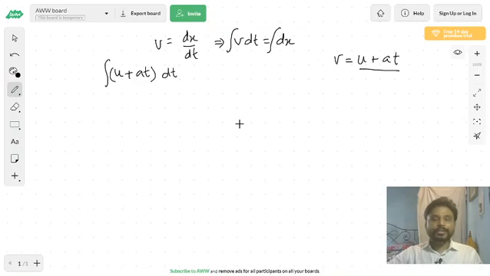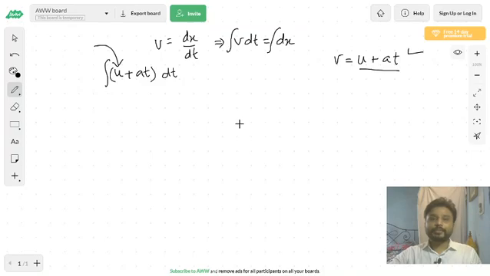One explanation why we substituted v with u plus at is that since velocity is a variable, we cannot take v outside. So we substitute the velocity with something which contains t and which can be integrated. Now u is the initial velocity and that would be fixed.